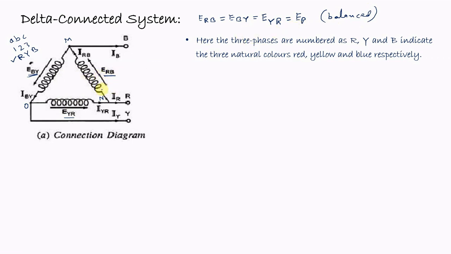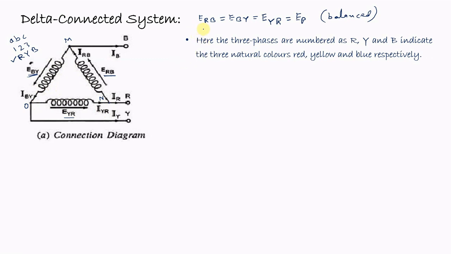Similarly, the current flowing in a particular coil is considered as the phase current. Here we can see that IRB is the current that is flowing from terminal N to M. Similarly, IBY is the current flowing from M to O, and the current from O to N is IYR. So the current which is flowing in a coil is considered as a phase current.